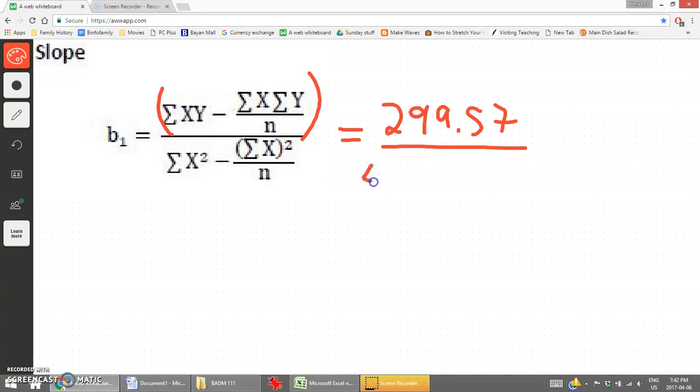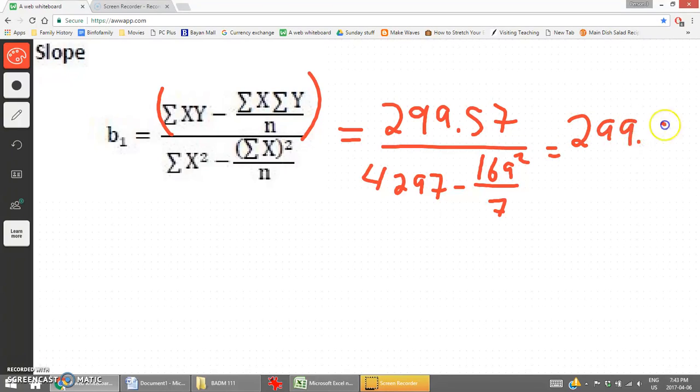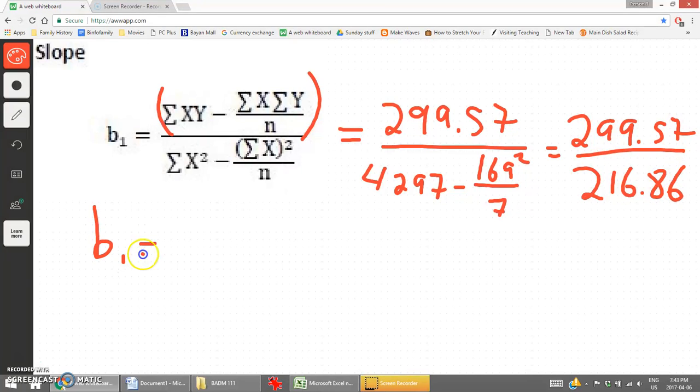It's a sum of x squared, 4297, minus the sum of x squared divided by 7. So if we get this, it's 299.57 divided by our value, 216.86. So our slope is going to be equal to about 1.38.